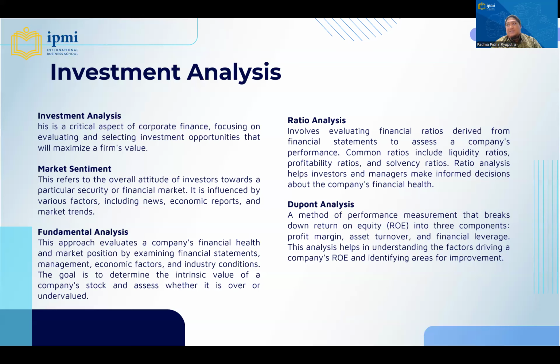From DuPont analysis, we found that the cause of the high ROE is actually not a good thing and needs to be fixed. So it's very important to analyze the company's fundamentals or financial ratios, not only from one aspect, but from an overall view.